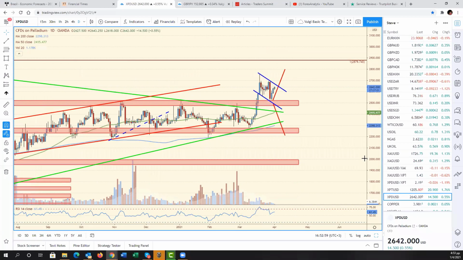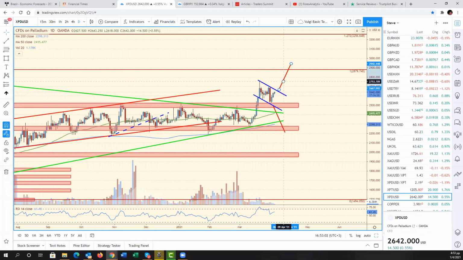And the same thing will apply to palladium if we break through this channel, right? So I wouldn't rule out that we've already seen the end of the corrective move in both platinum and palladium. So watch these two channels. One we're attempting to break as we speak. The other one we're a little bit lower from the trend line resistance. So watch this and act accordingly.